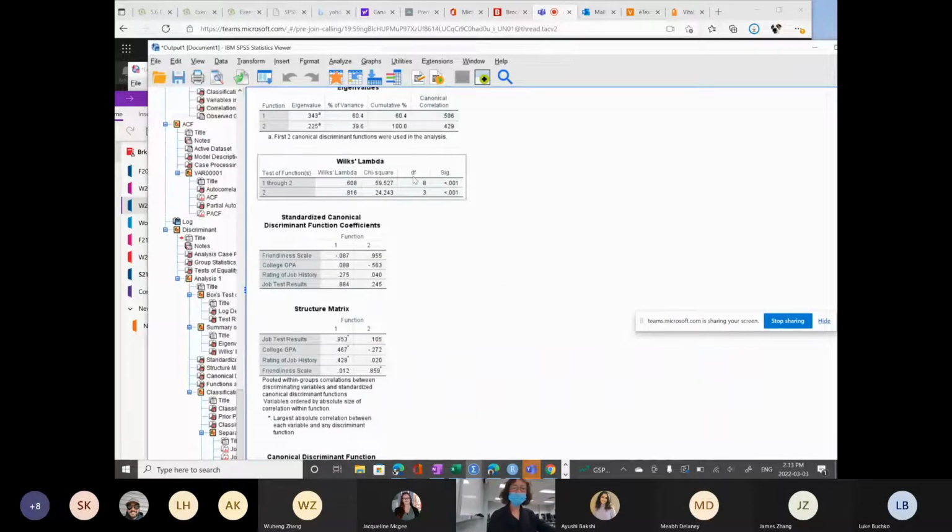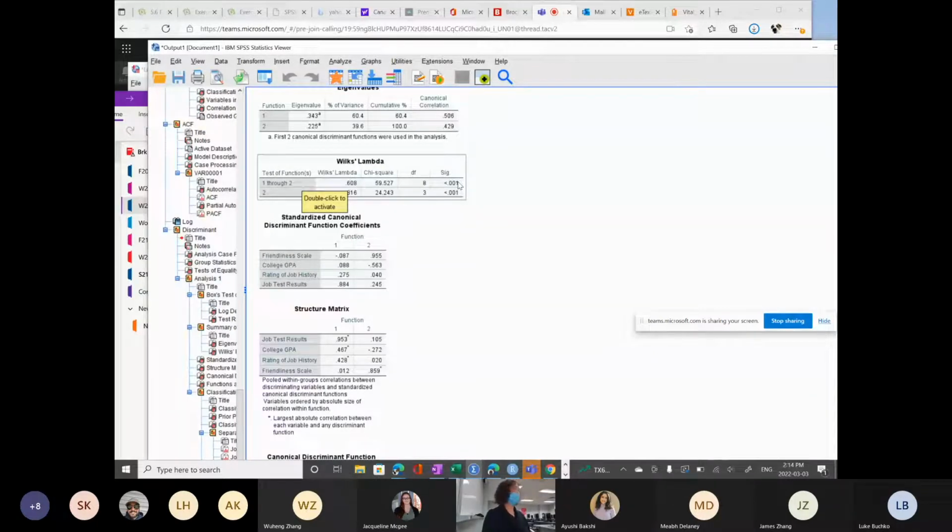Next is Wilks' lambda. We have two functions. First, we test function 1 through function 2. The Wilks' lambda is 0.608, chi-square 59. We focus on the significance value, 0.001, so it is significant.